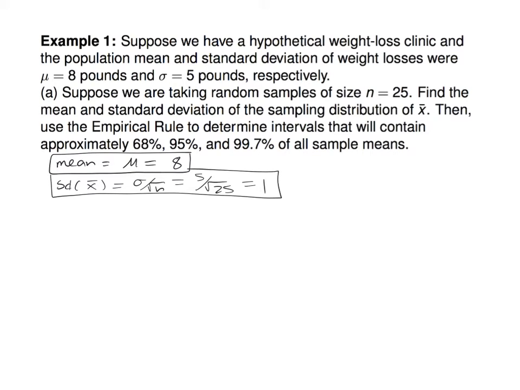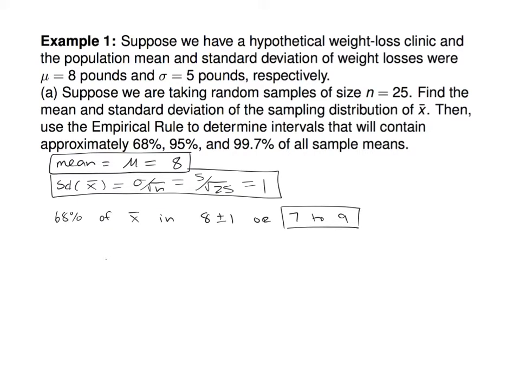Okay, so if we repeatedly found samples of 25 and found the average weight loss, 68% of the time x bar will fall in the interval that is 8 plus or minus 1, or 7 to 9.